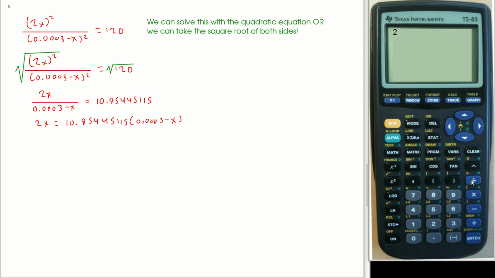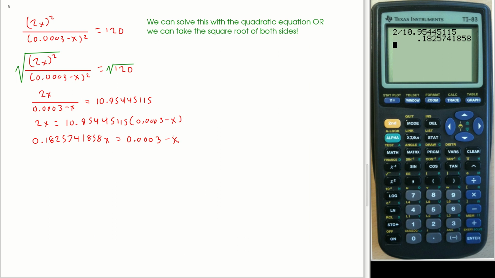So 2 divided by 10.95445115 gives me 0.1825741858x is equal to 0.0003 minus x.